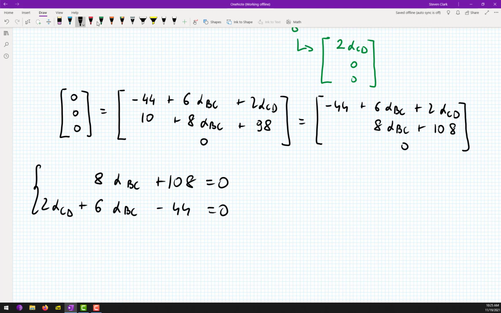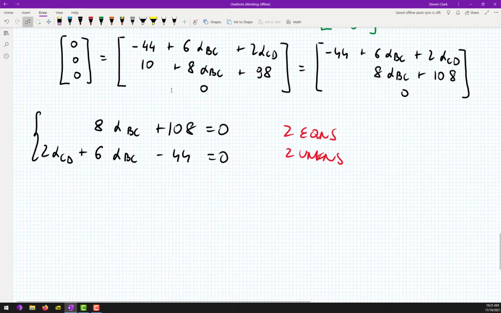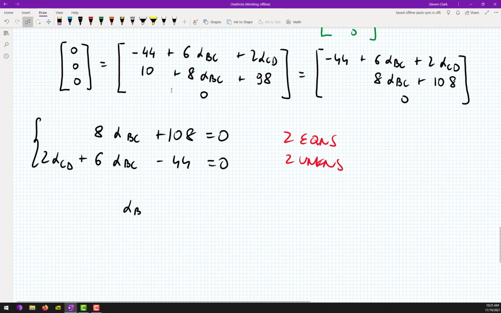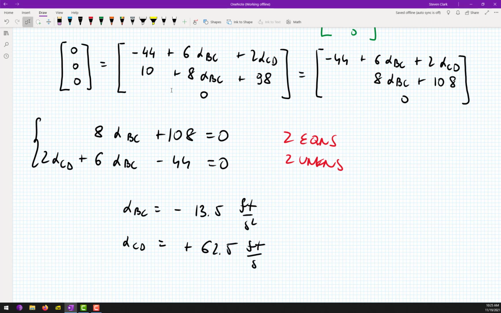If you solve these 2 equations with 2 unknowns, you will end up with alpha BC equal to minus 13.5 feet per second squared, and alpha CD equal to positive 62.5 feet per second squared. Great.